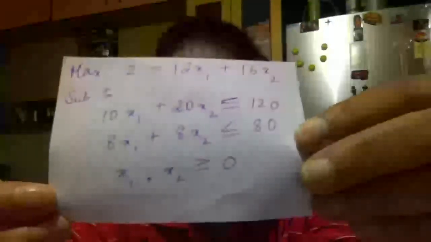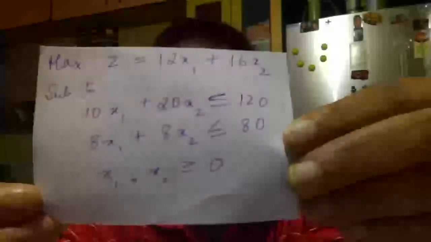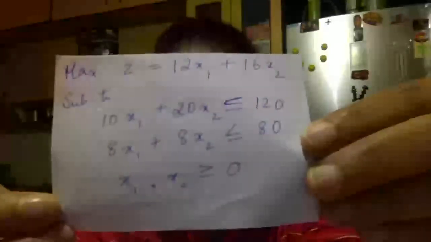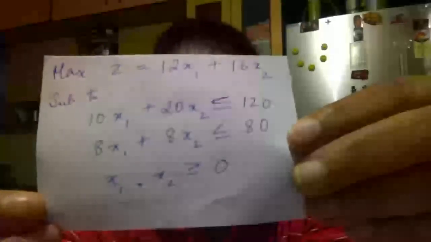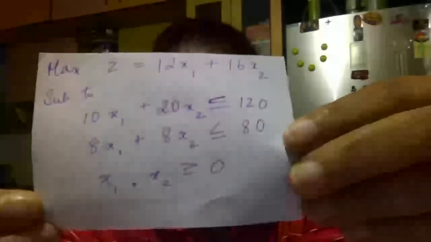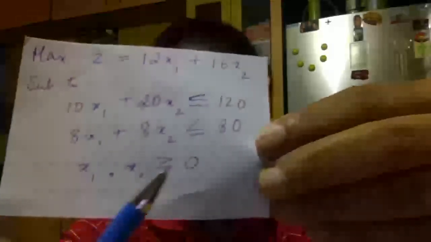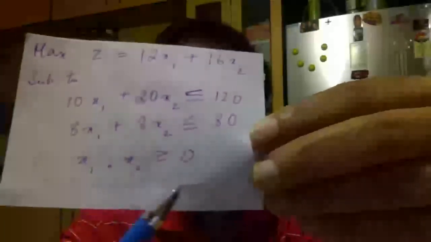Now in this problem, forget the non-negativity restriction, we have two constraints, that is 10x1 plus 20x2 less than or equal to 120, 8x1 plus 8x2 less than or equal to 80. So these are the two constraints, and x1 and x2 greater than or equal to 0 is the non-negativity restriction.